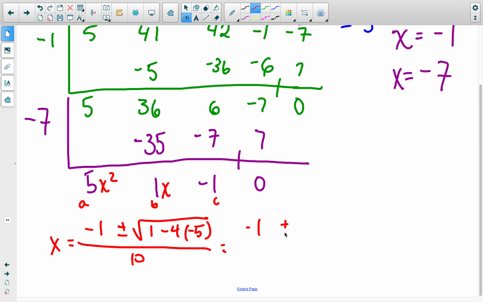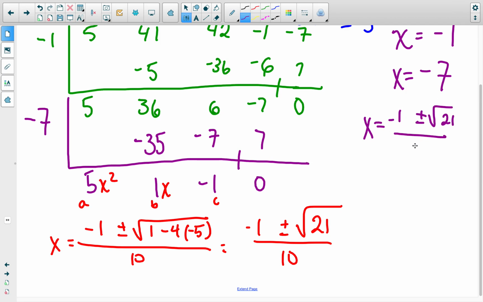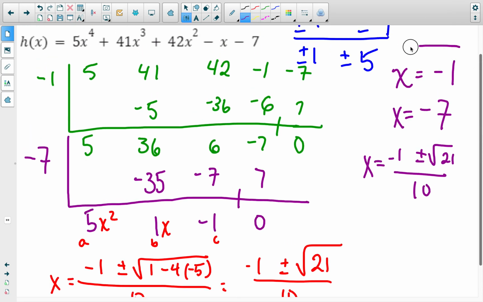Okay, so -1 plus or minus the square root of 21 over 10. All right, and I'm fine with you just leaving it there because this plus or minus represents 2 roots.